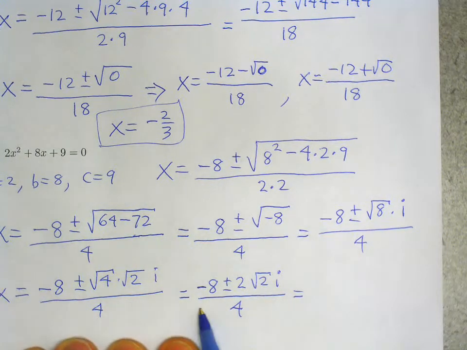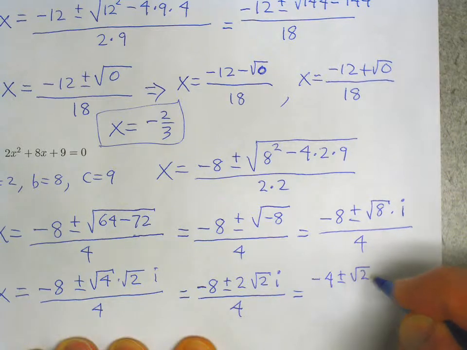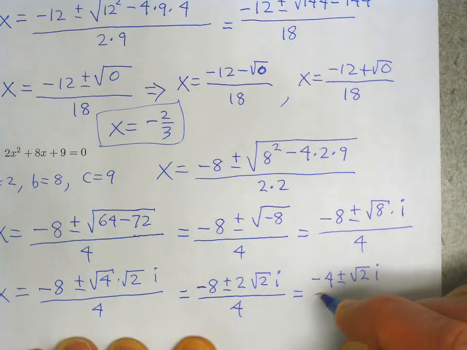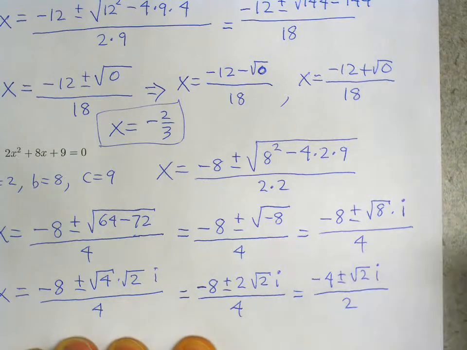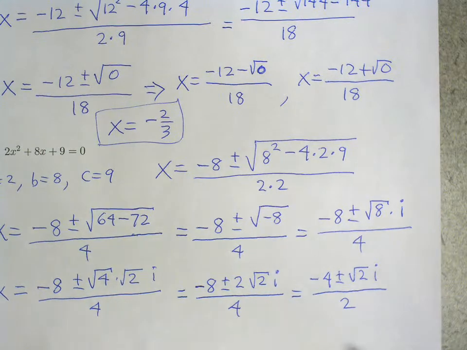So I'll just divide out the 2 from all of those terms. So we get negative 4 plus and minus the square root of 2 times i, all divided by 2. Okay, that's as far as we'll take that one.